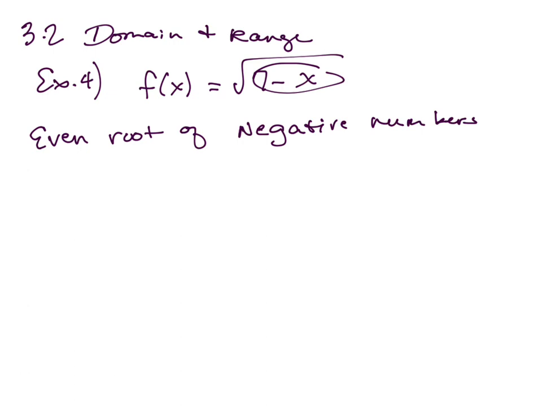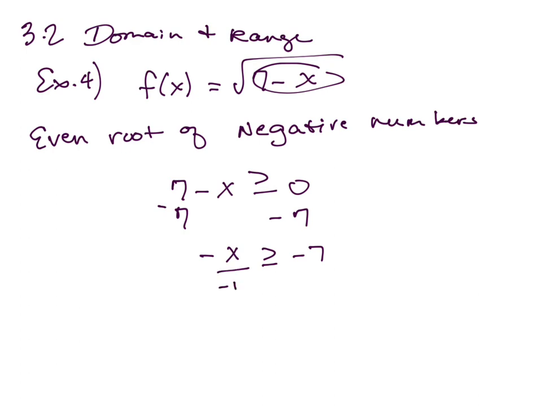All right. So what we're going to do here is set this argument greater than or equal to 0. That says this radicand can't be less than that. Then you just solve it for x, which we did yesterday. We subtracted 7 from both sides and got negative x greater than or equal to negative 7.